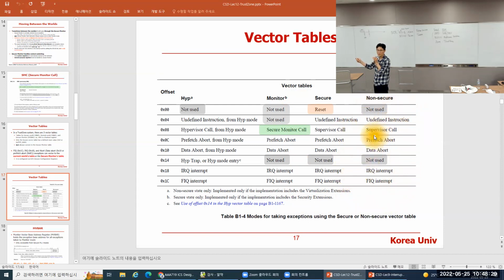Remember this vector table, right? Now 8 different vectors. You run into an undefined instruction, the program counter is supposed to be set to 0x04. You run an SVC instruction, the software interrupt instruction, it is supposed to be set to 0x08, and so on. So vector table.